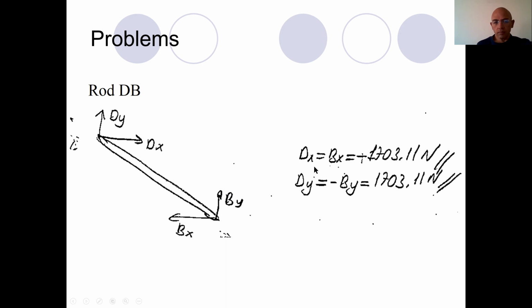As a result, Dx is equal to Bx. From here, it is minus 1703.11 newtons. And Dy is equal to minus By. So it is 1703.11 newtons.